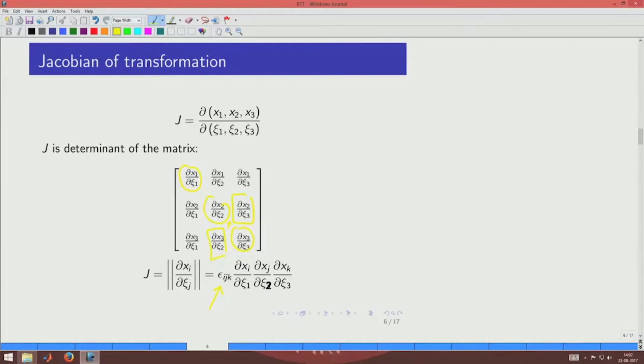We remember that it was introduced with multiple purposes. One of them is being able to write the triple product and being able to give the determinant with a very small number of terms. So here we have that application straight away coming, and we can see that the determinant of the transformation matrix, which is called the Jacobian, can just be written with this expression here.